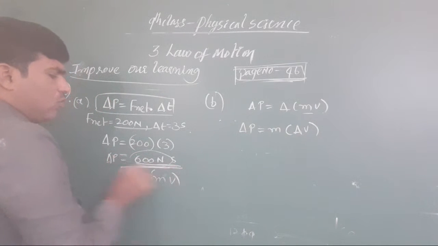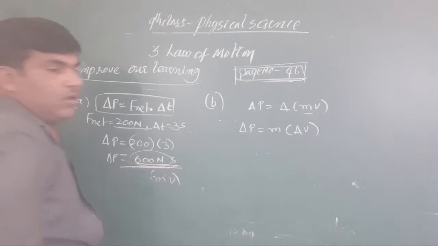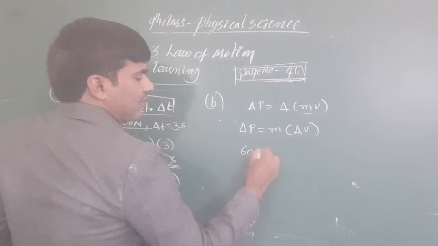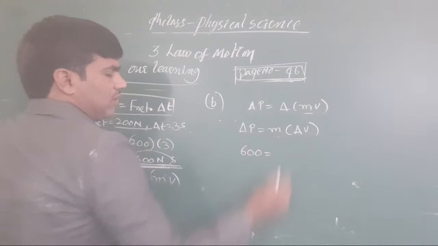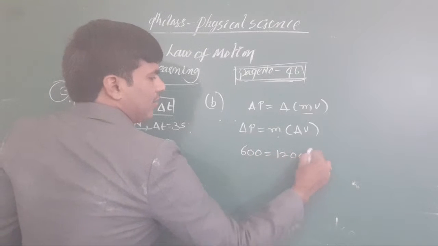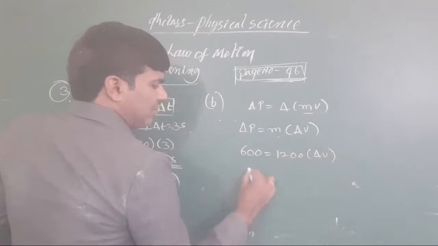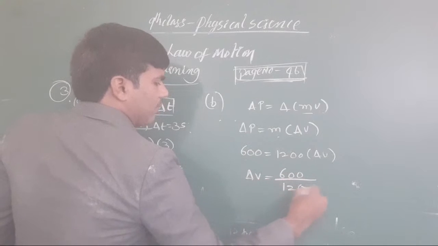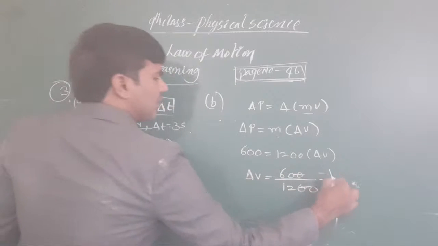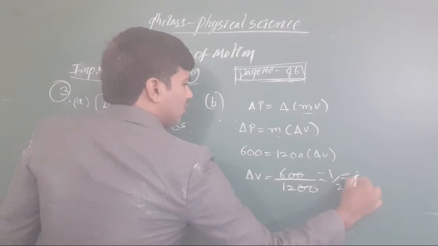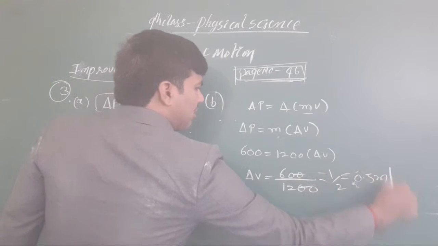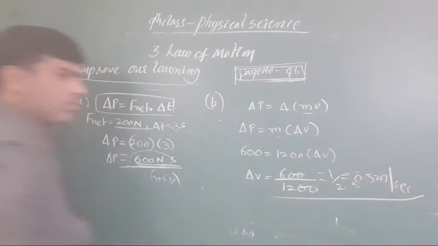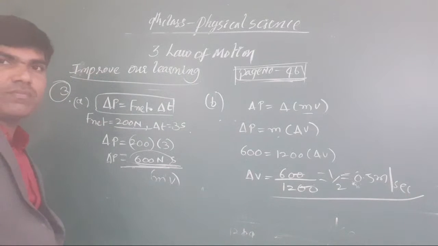Del P is equal to 600 newtons. Now it is written as 600 is equal to m, which is 1200, into del v. Now del v is 600 by 1200. Now this and this cancel. It is 1 by 2, equal to 0.5 meters per second. Got it?